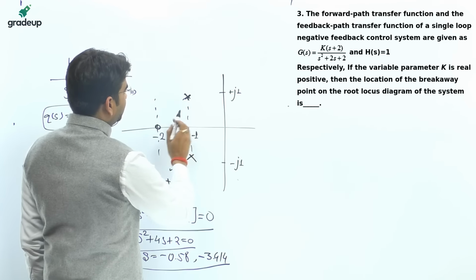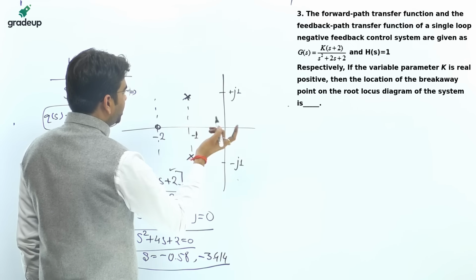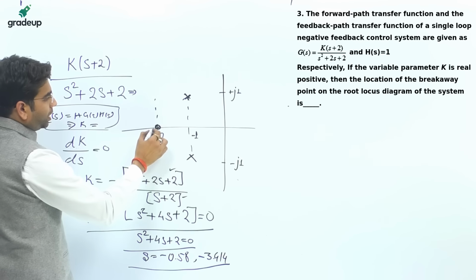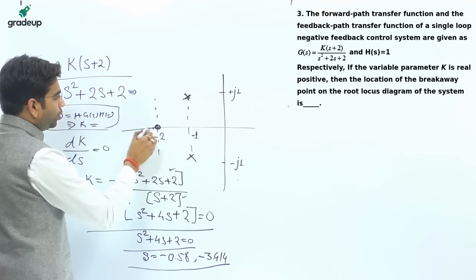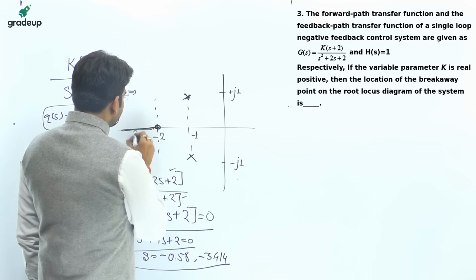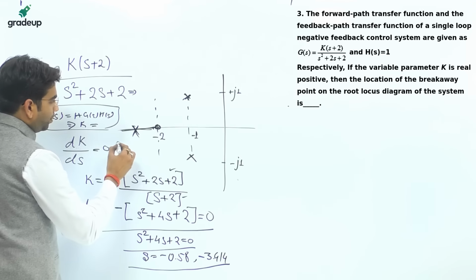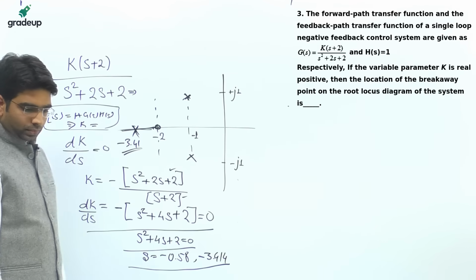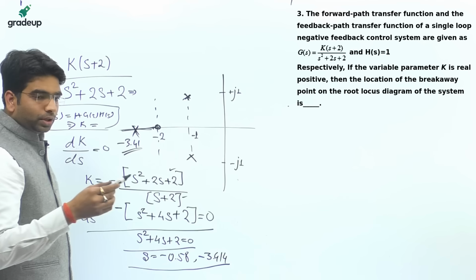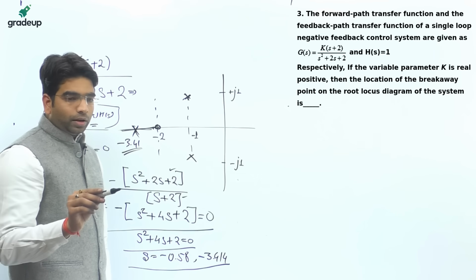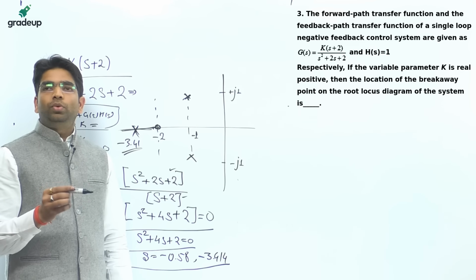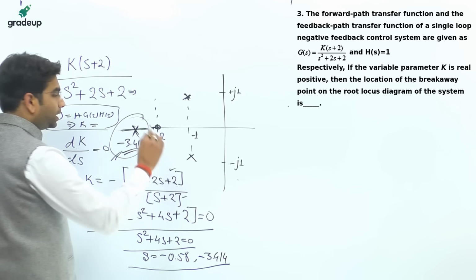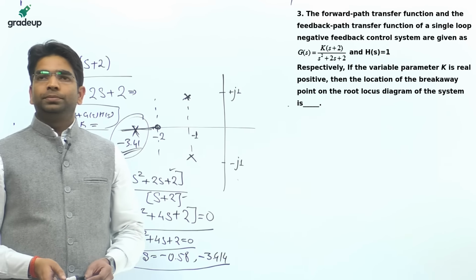And for this, seeing from this place, it is 0, even, so root locus can't be on that side. From this zero, if we imagine that when you are at this place, it is odd. So root locus will lie up to this point. So minus 3.41 is the acceptable value. So the question was to find the location of the root locus breakaway point; exactly minus 3.4 will be the correct answer. Vikas Singh.